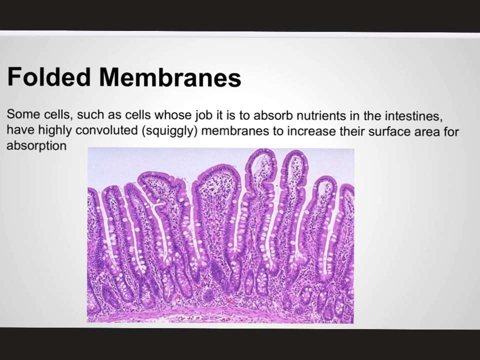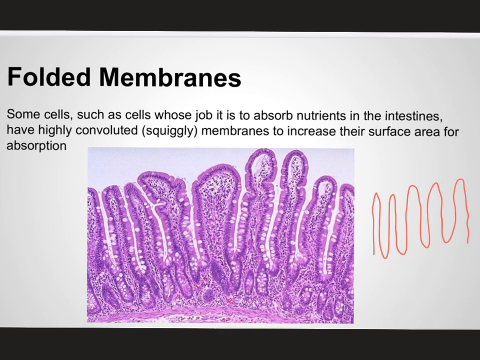So this picture is showing a microscope slide of inside the intestines. So inside of your intestines, the walls lining your intestines actually look like this, kind of like little fingers almost, squiggly. If you think about what the job of the intestines is, the intestines' job is to absorb.